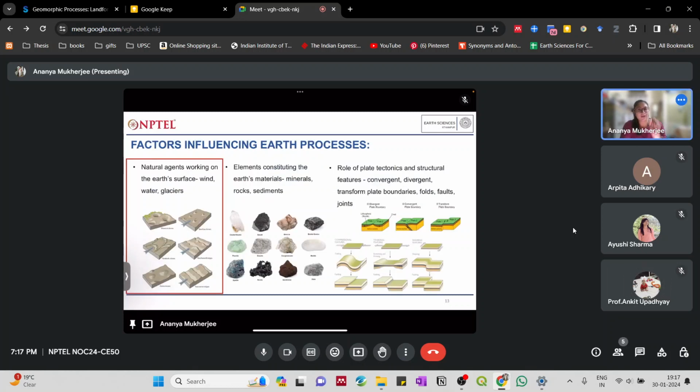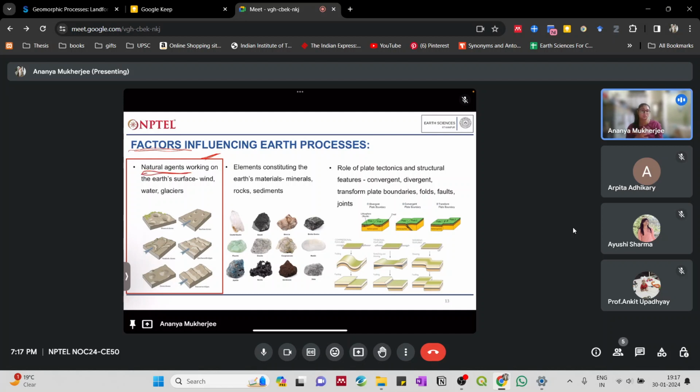So the factors that we are talking about over here are the natural factors that are playing a role in the different earth processes. The prime focus for this course is going to be on natural agents that are working.